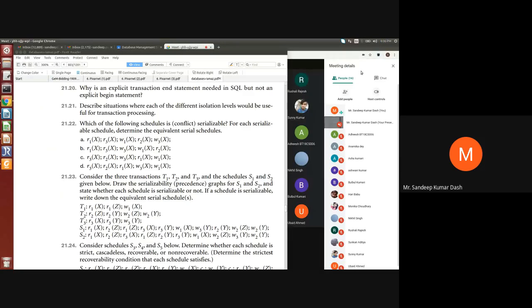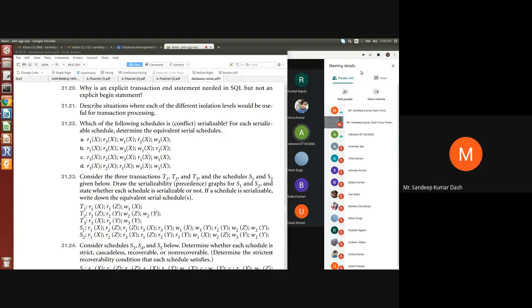T3 is having W3X, T2 is having R2X. There will be an edge between T3 and T2 also, but there is no loop. So B will be non-serializable. Only C is serializable because there is only one edge from T3 to T1.